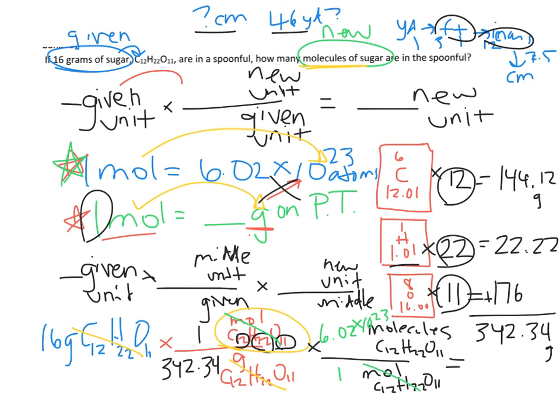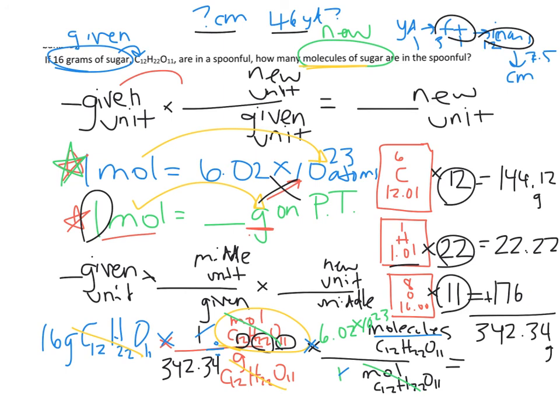Okay. So when we do our math, okay, we're going to multiply everything on top. So 16 times 1 times 6.02 times 10 to the 23rd, and then we're going to divide by the bottom, right? Our ones cancel, so we'll divide by 342.34. And in the end, we should get a very large number because remember, we're working with molecules, which are super tiny.